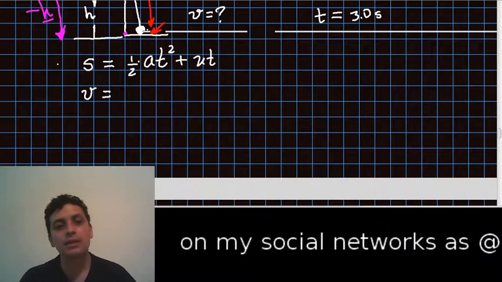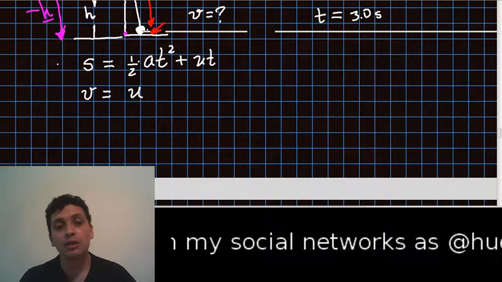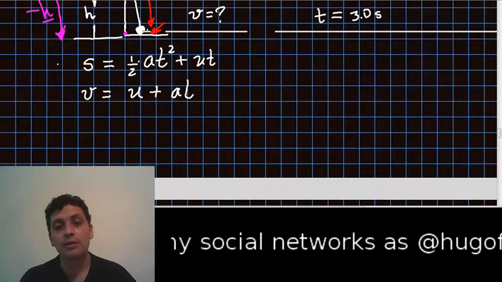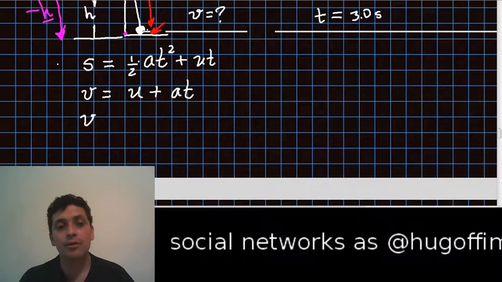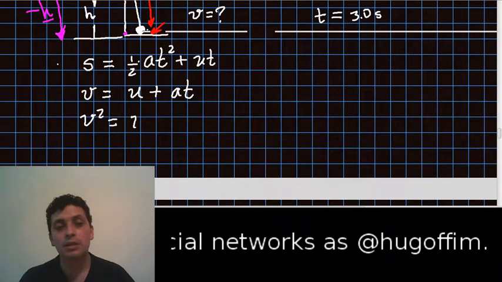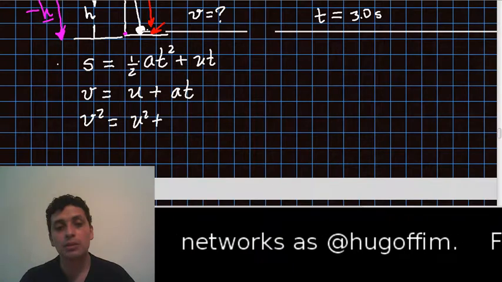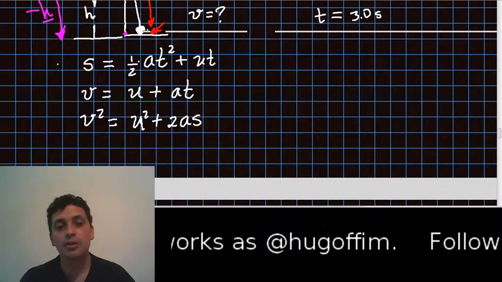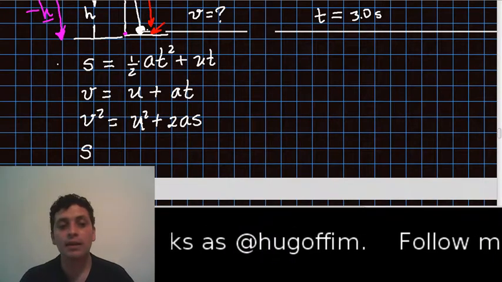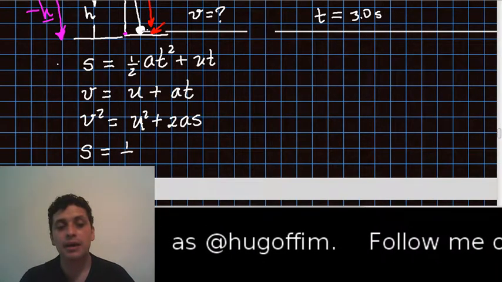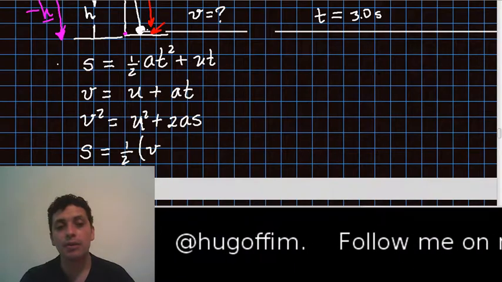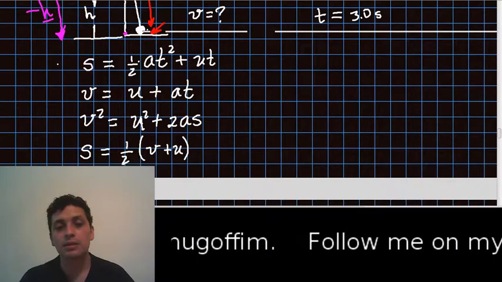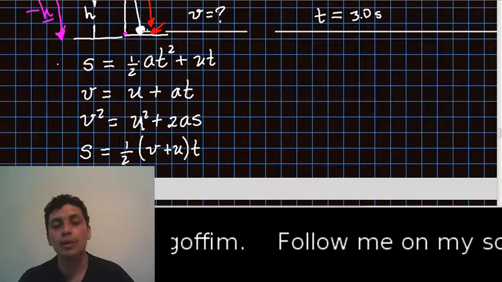Second, velocity is going to be initial velocity plus acceleration times time. Third will be square velocity equals square initial velocity plus 2 times acceleration times displacement. And finally, displacement is 1/2 of the sum of the velocities times time. These are the Suvat equations.